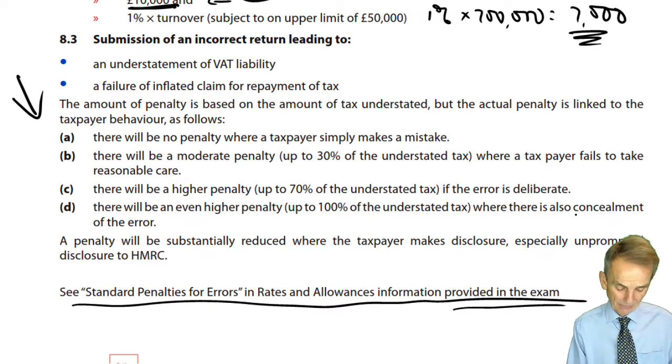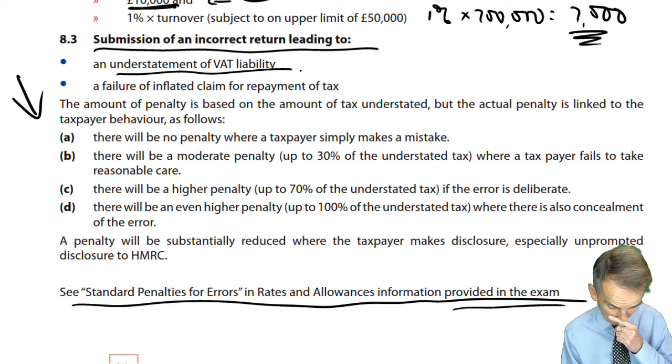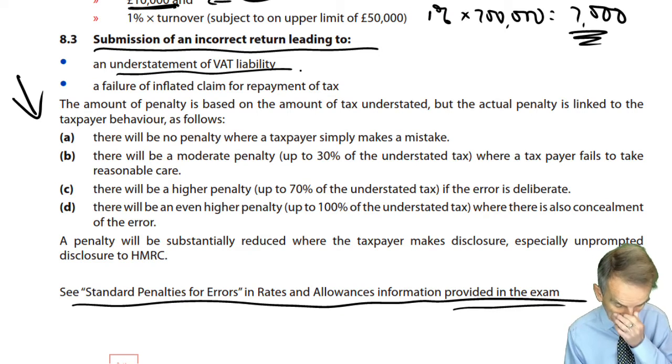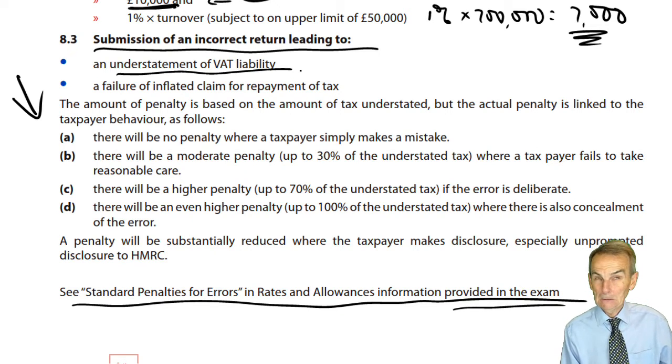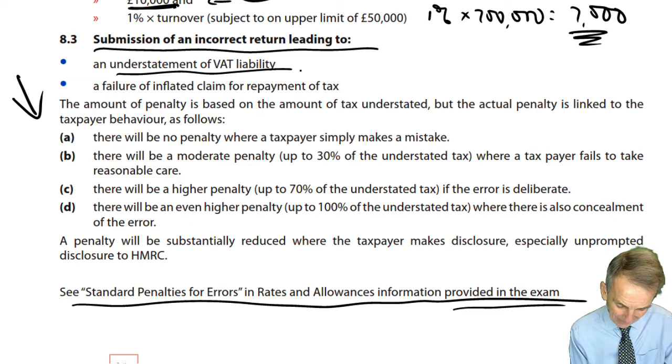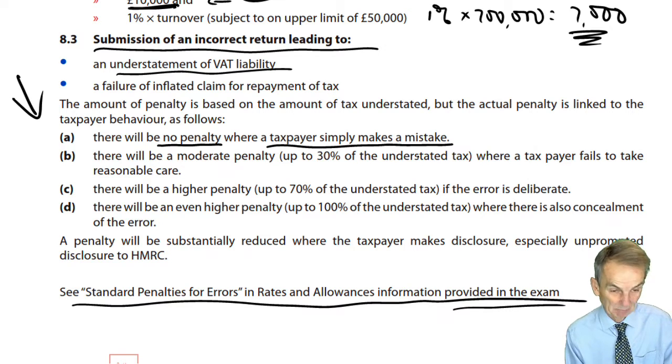So what happens therefore as regards that penalty system? Submission of an incorrect return has led to an understatement of a VAT liability. What will happen? There will be no penalty where a taxpayer simply makes a mistake. It's just a mistake, no penalty.